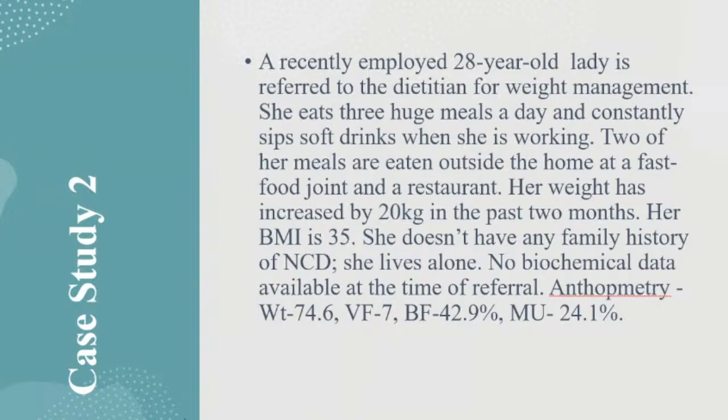She eats outside the home, fast foods, and at the restaurant. And she's drastically increased her weight by 20 kilograms in only 2 months. She became obese. So this person is having obesity and binge eating. That's what I think.